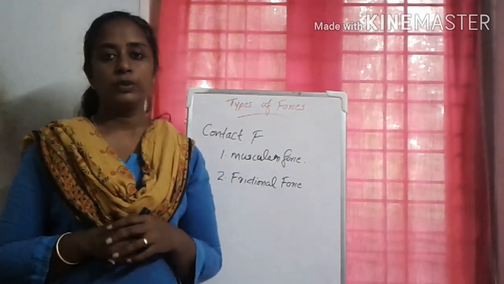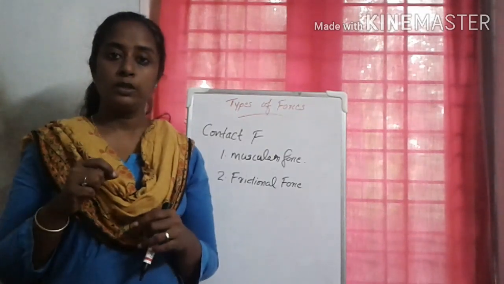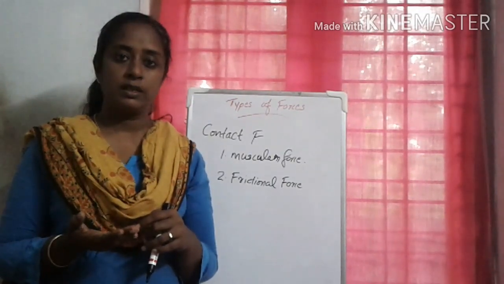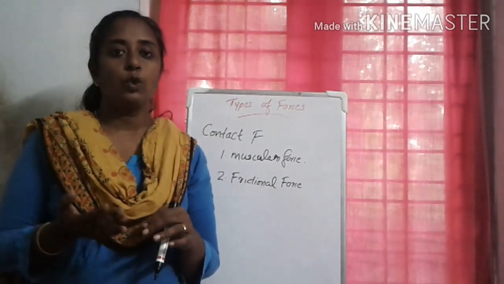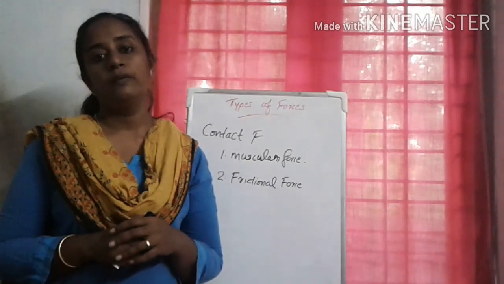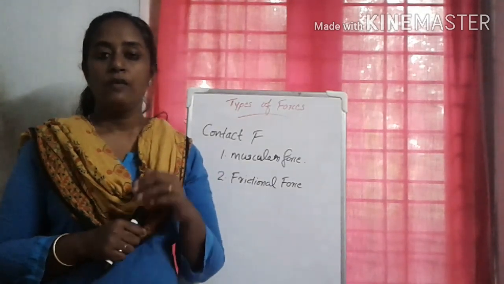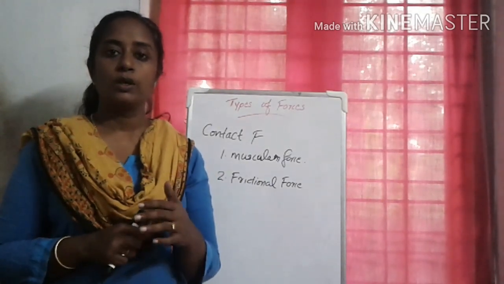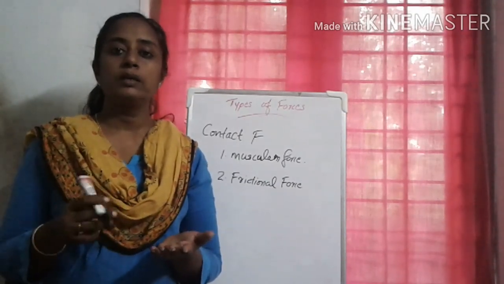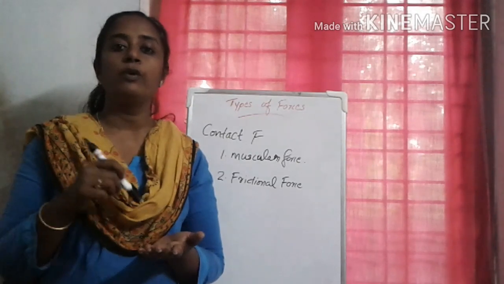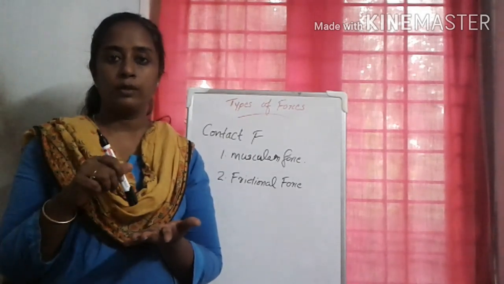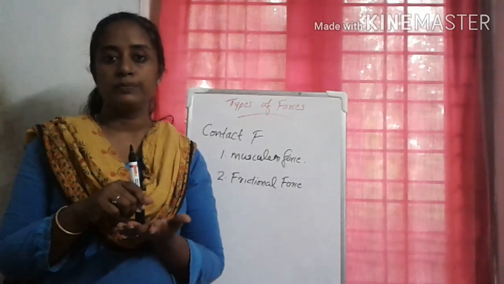So what is frictional force? When an object moves over the surface of another object, there is a force which opposes the motion. That force is called a frictional force. For example, a ball is moving over the floor. The floor is one object, the ball is another object, both in contact with each other.